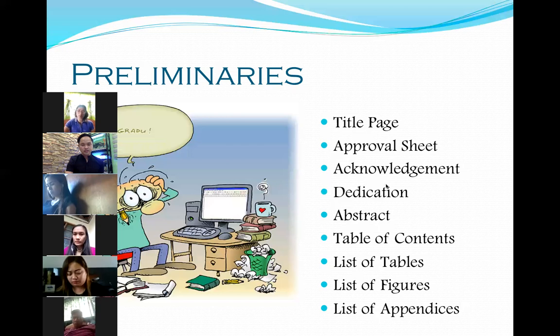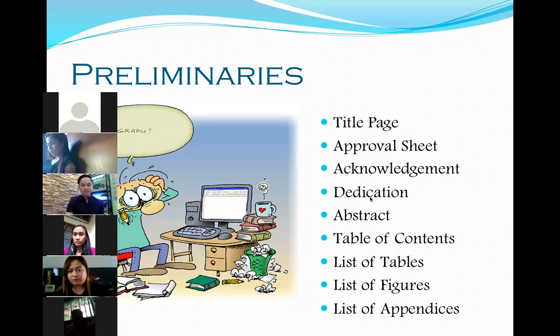Dedication, of course, you are going to identify your special loved ones whom you dedicate your paper. Eh, hindi ka pa naman tapos, kaya hindi pa naman ine-expect yan. Abstract is done when you are also done with your paper. Abstract is composed of the following four parts: objectives, methods, findings, and conclusions.